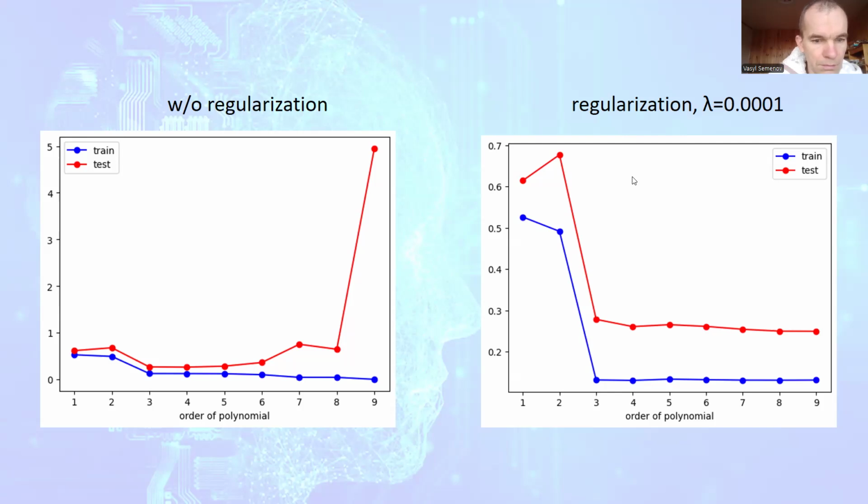Okay. Yes, now we have approximation by the 14th order, and we have quite decent error both for training and test data sets. And here's a graph of the dependency of these testing and training errors on the order of polynomial. I can also take, for example, up to 20th degree.